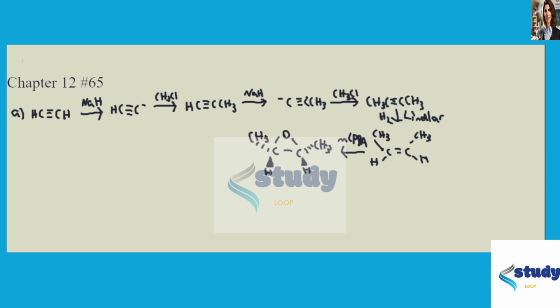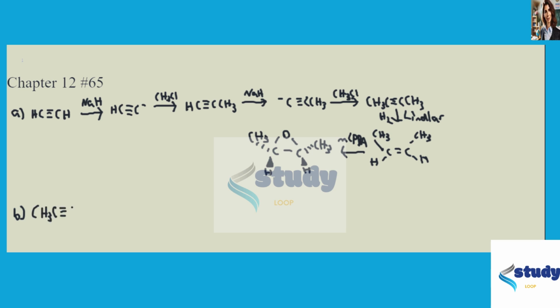So there's A. Fortunately, we can use intermediates that we made in A for all the rest of these. So for B, we can start from that 4-carbon alkyne that we made in A.